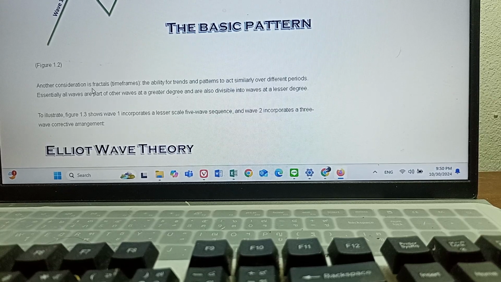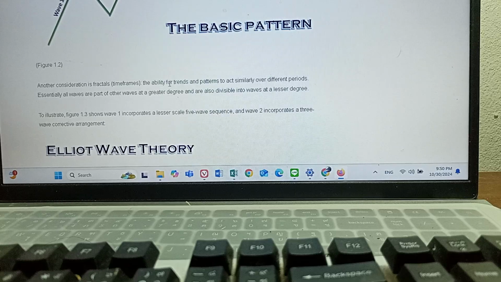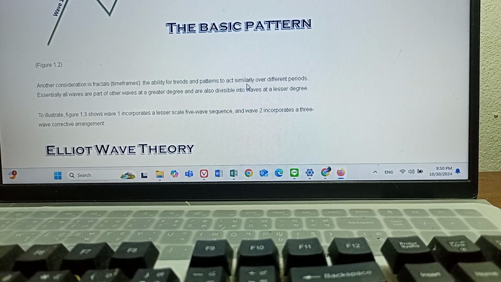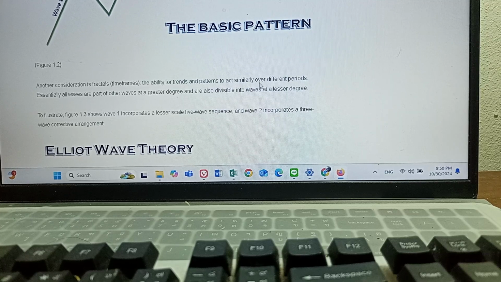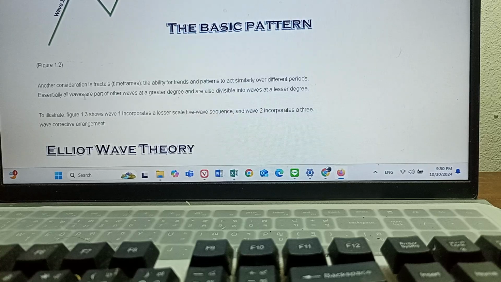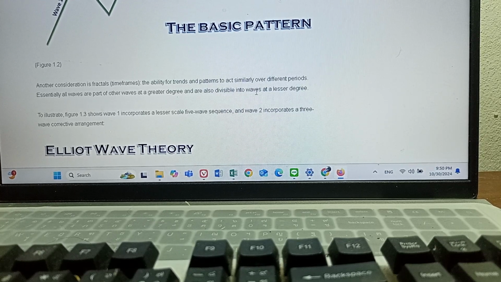Another consideration is fractals, the ability for trends and patterns to act similarly over different time frames, especially as all waves are part of other waves at a greater degree and are also divisible into waves at a lesser degree.